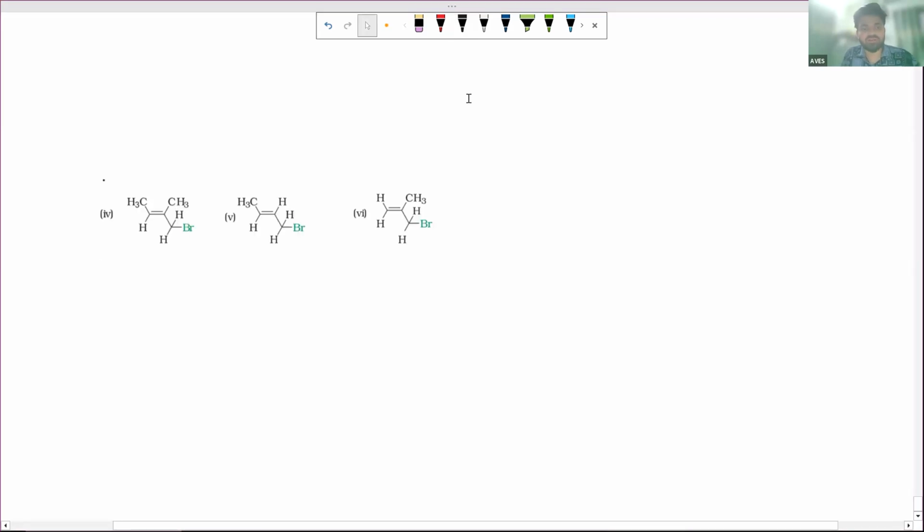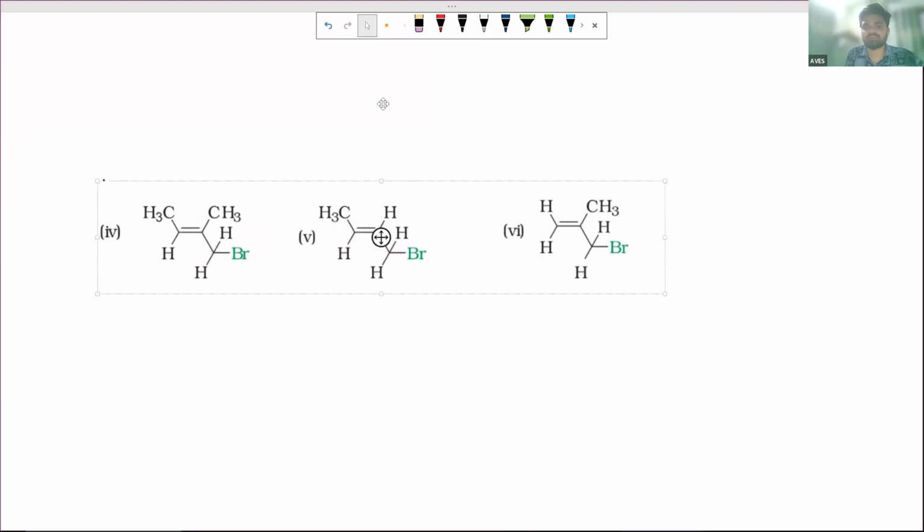Try to unbond this compound and try to write the name, at least of anyone. At least tell me how many carbons are present in the single chain here. In this question, how many carbons are present? And what should be the name of this compound?